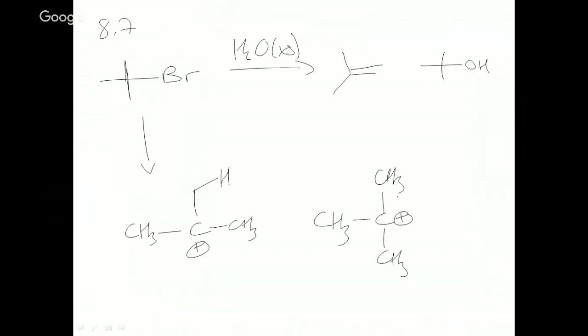Okay, and now water can do one of two things. It can function as a weak base to give you E1 elimination, or it can attack the carbon. Again, both of these in their respective mechanisms are fast.